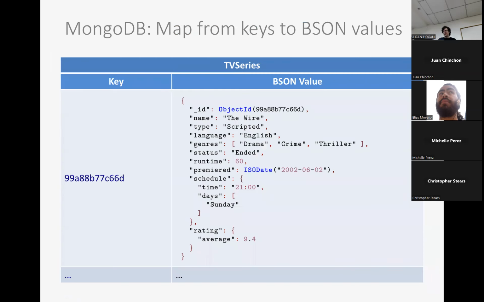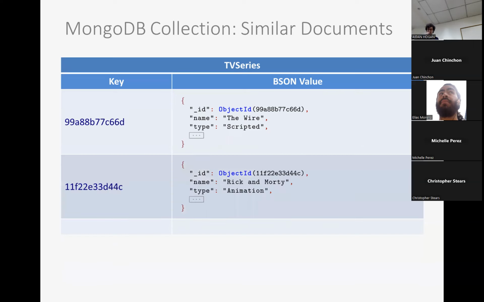Okay, so in the context of MongoDB, the core data model effectively involves mapping keys to values. And these values are BSON documents, or I'll just say JSON to keep things straightforward, an extension of JSON called BSON. So we see we have the key here, and in the document, we see that this key corresponds to the object ID of the document, and we have a bunch of data associated with the JSON document. So a MongoDB collection then collects together all of the similar documents.